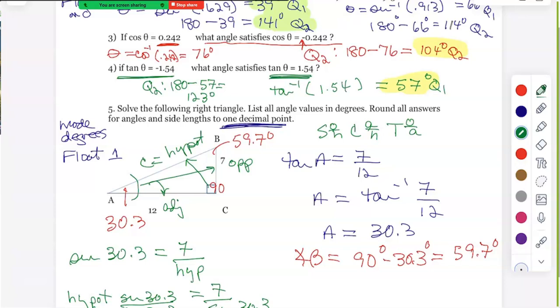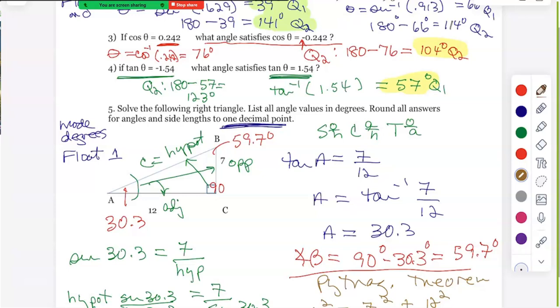Okay, what I could have done, and I had some of my kids do in the class, you could also solve for the hypotenuse using the Pythagorean theorem. So how would you do that? Well, you would say the hypotenuse squared equals the leg squared plus the other leg squared.